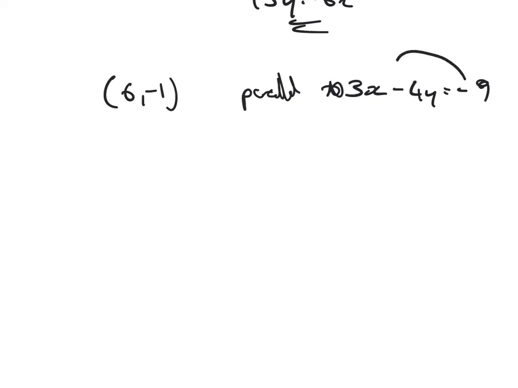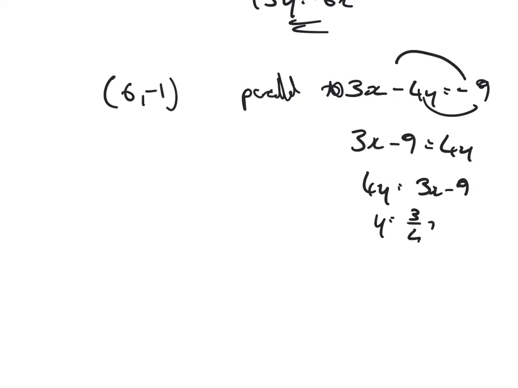Okay, so I can move that across and move that across, and that will give me 3x minus 9 is equal to 4y. So 4y equals 3x minus 9. y equals 3 over 4x minus 9 over 4. I can then pick out the gradient, which is 3/4.